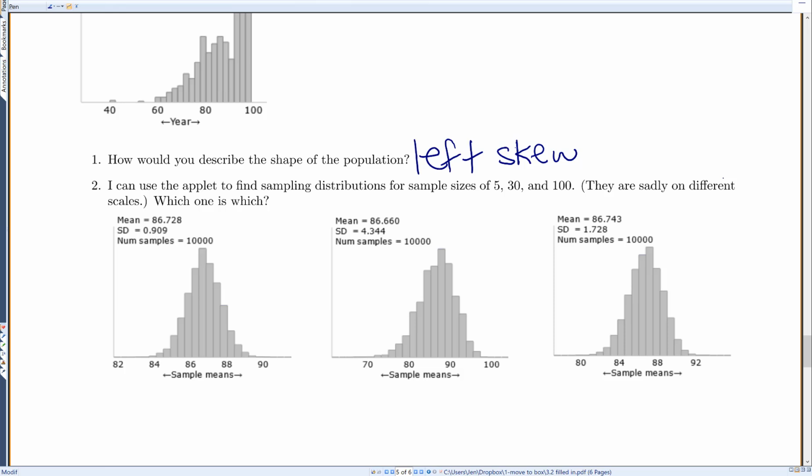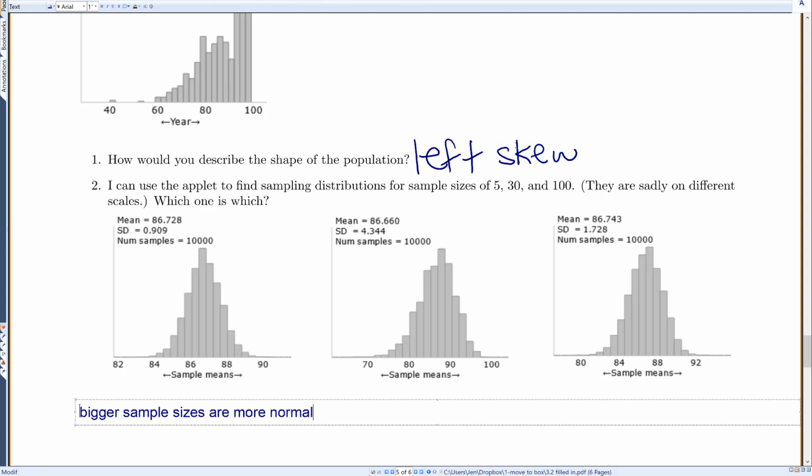There's 2 ways you can figure this out. Okay. The first one is that bigger sample sizes are more normal, not skewed. And bigger sample sizes have smaller SD.